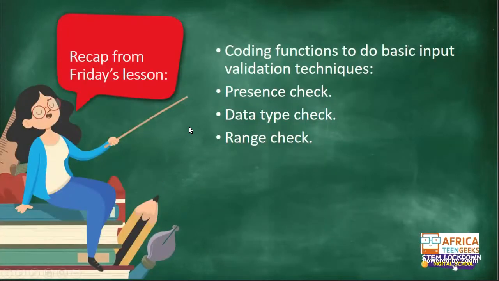So just to recap on Friday's lesson. We're coding functions to do basic input validation techniques. That's just basically where we check any input from an edit, etc., and make sure that what is entered is what is expected from the program or the form.